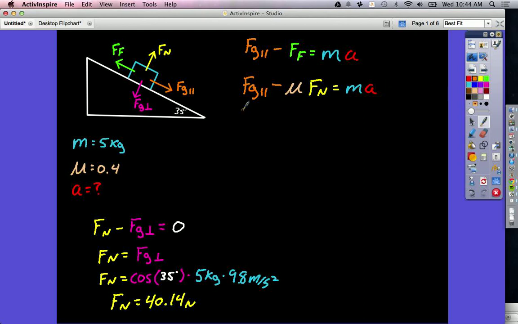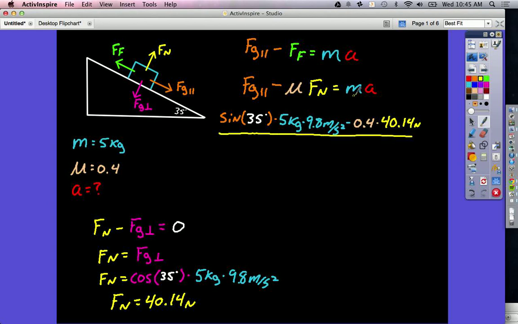My force of gravity parallel equation is the sine of the angle, which is 35 degrees, times the mass, which is 5 kilograms, times 9.8 meters per second squared, minus the coefficient, which is 0.4, times the normal force, which is 40.14.